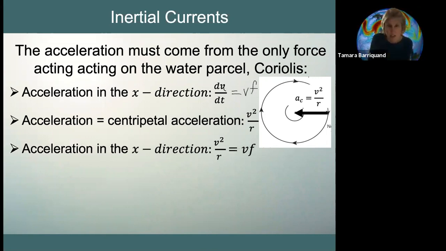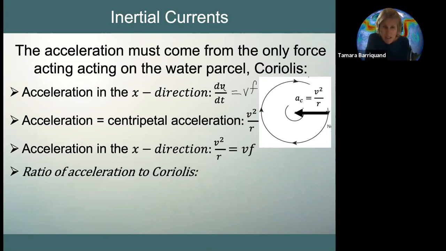And so what we can do is find the ratio of the acceleration terms, which in this case is our du dt term, which equals v times f. And we can take a ratio of this du dt, which is our v squared over r, to v times f.